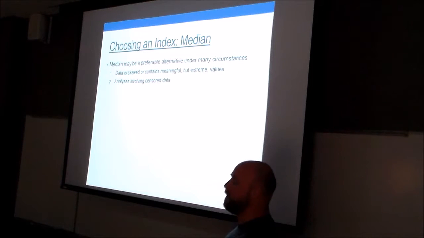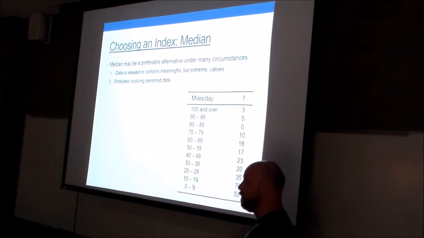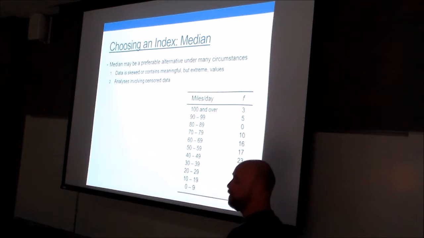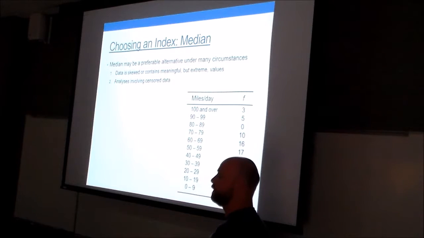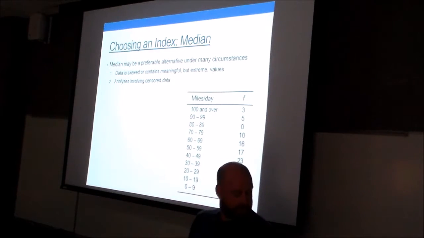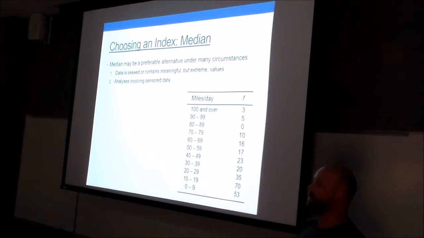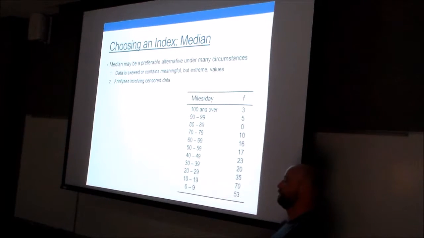Okay. Analysis involving censored data. Why is our median a better approach to measuring central tendency for this frequency table here? What do you think, Angela?